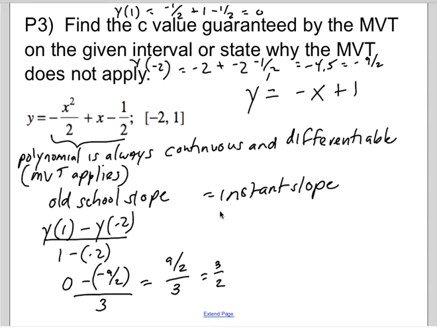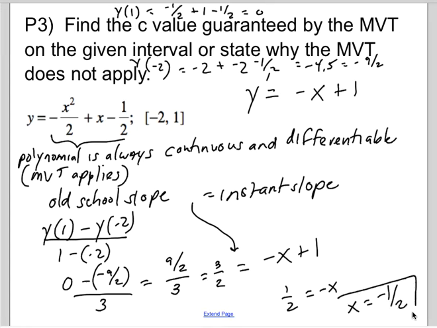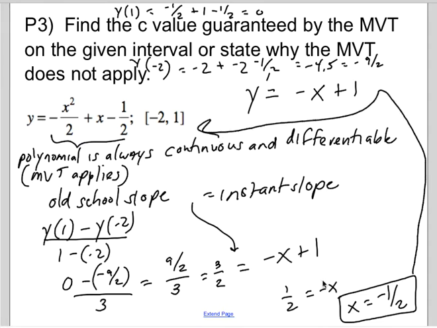This whole thing is going to equal my instant slope, which is negative x plus 1. When I subtract the 1 over, I get 1/2 equals negative x. So I think I get x equals negative 1/2, which sure enough falls in that interval. So this is the c value that I get, right? Since they said c value, if you want to say c is negative 1/2, that's certainly fine as well. Cool.